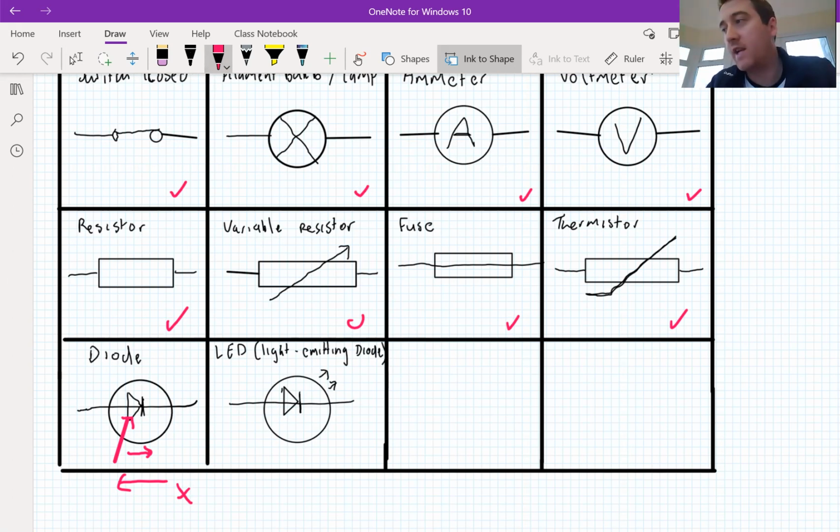So the function of an LED is that it gives out light when electric current passes through it in one direction only. So same as the diode before, this diode would only allow current to flow in the same direction as the arrow here. When current does flow through it in that direction, it gives out light.